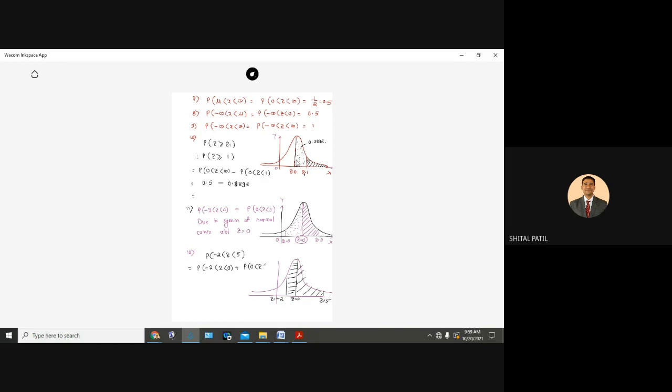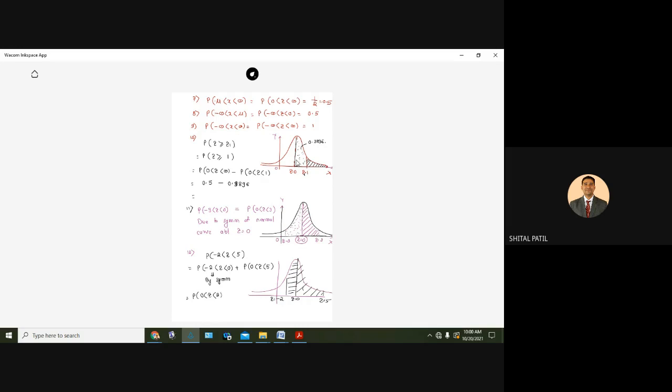But by symmetry, what can we write? The probability from z equal to -2 to 0 is equal to the probability from z equal to 0 to 2.